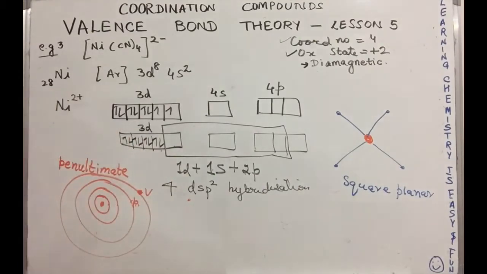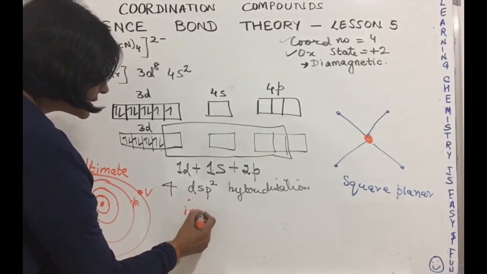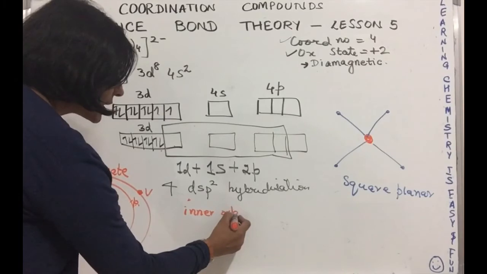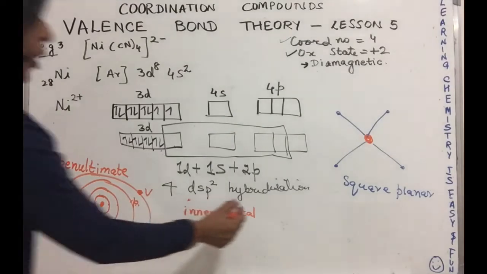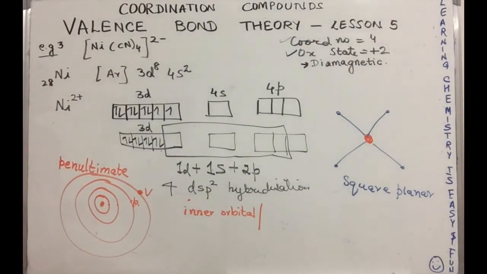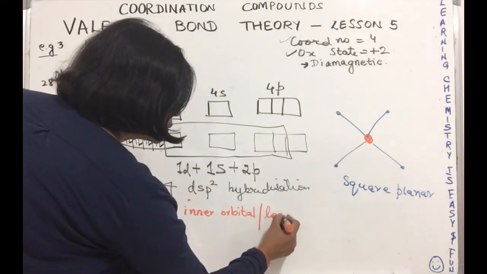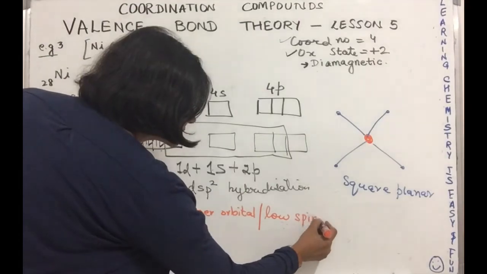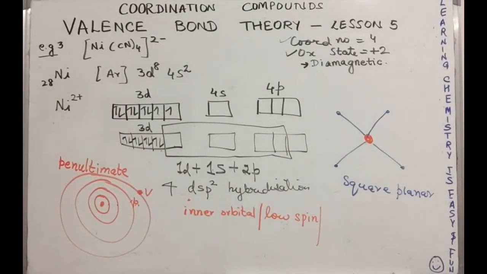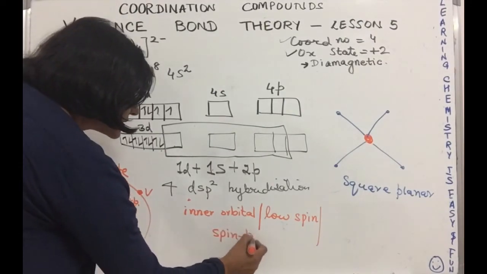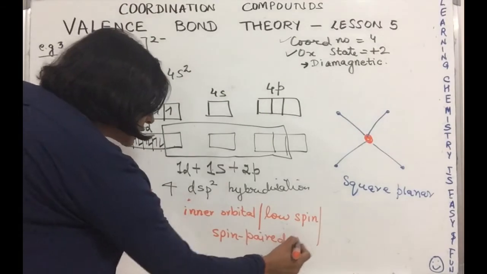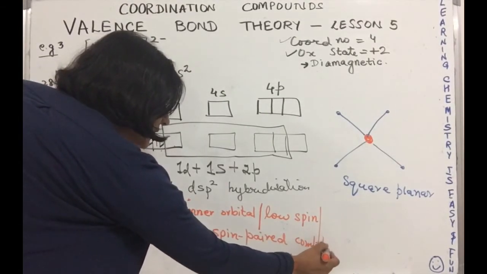That means we are involving something which is coming from the inner orbital. So this type of complex is called an inner orbital complex, or, because we are taking the d orbitals from a lower level, a low spin complex. Because all the electrons are paired up over here, it is also called a spin paired complex.